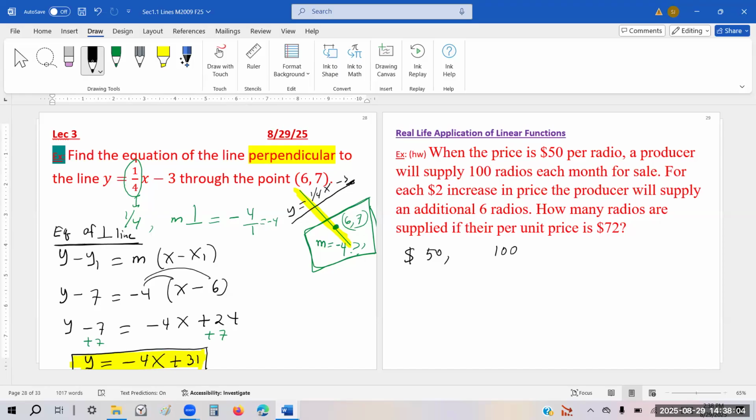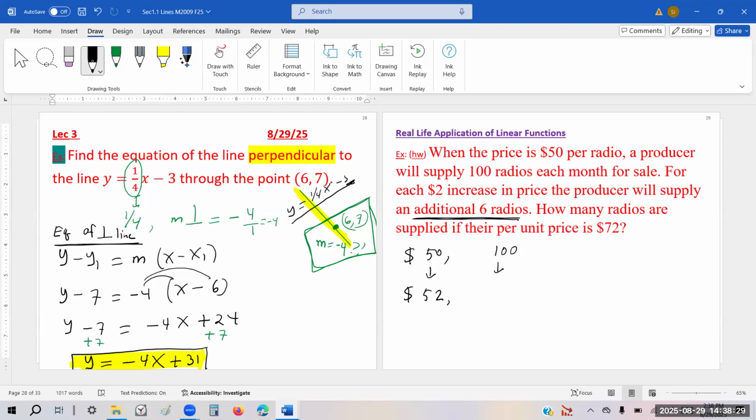If the price goes up by 2, meaning a $2 increase in the price, the $50 becomes what? 52. So when the price is 52, the producer will supply an additional 6 radios.